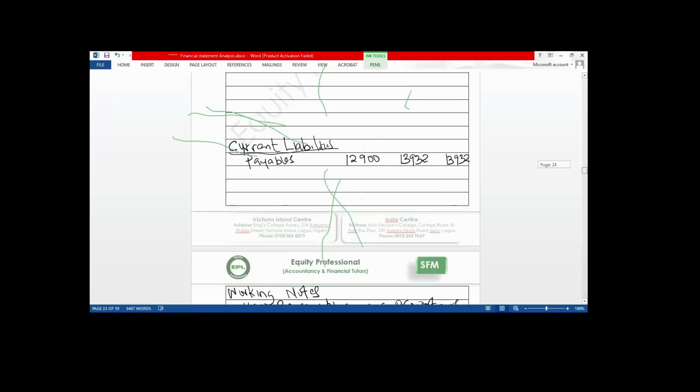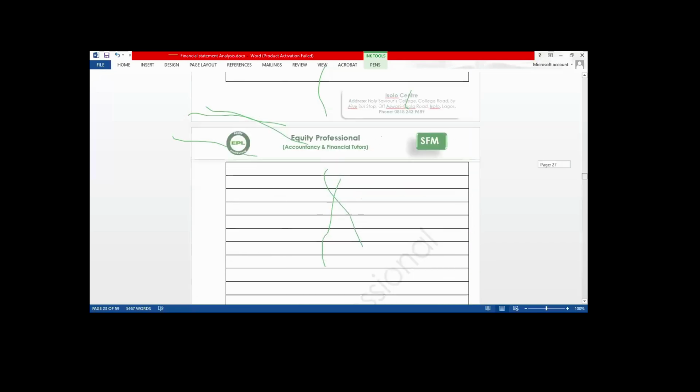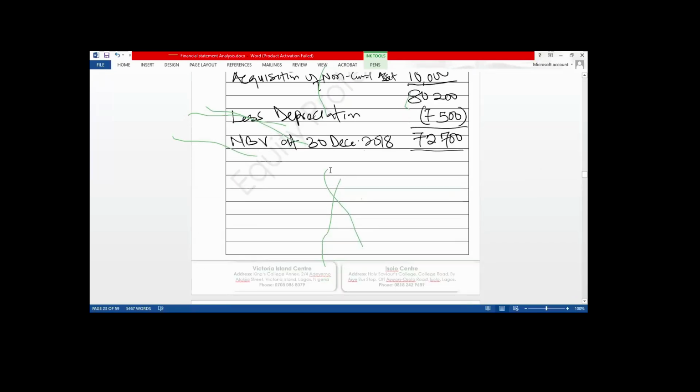That will take us to working 5. Interest cost 2018.